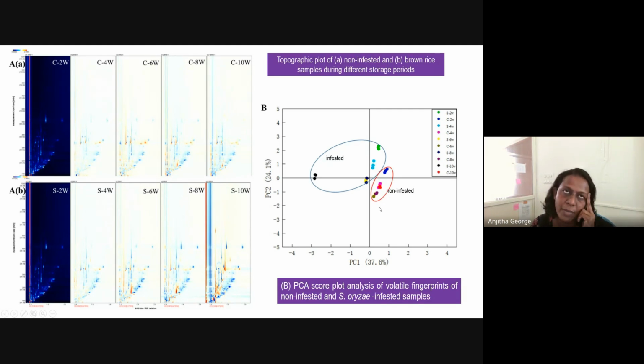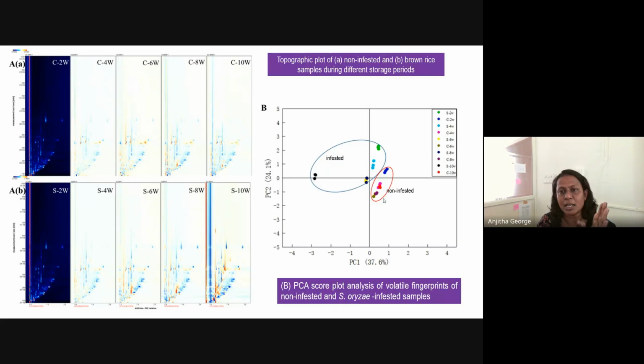What you can make out of this is that this is just a single study. Like this, you have to collect the maximum kinds of rice seeds across our country and document the volatile components of these seeds. So you will have a library kind of structure. Even when somebody sends seed samples, you can just match them with this.